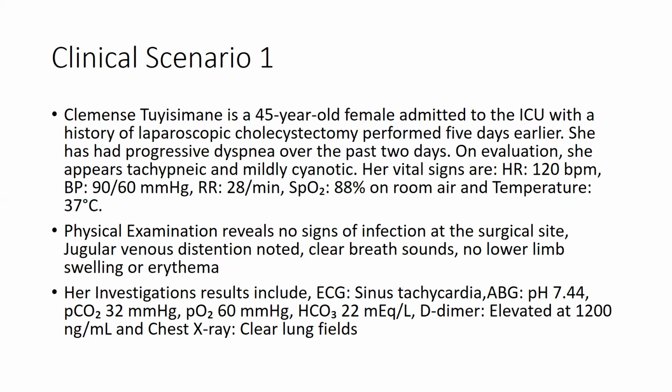Her vital signs: heart rate 120 beats per minute, blood pressure 90/60, respiratory rate 28 cycles per minute, SpO2 88% on room air, and she has no fever, temperature 37. Physical examination reveals no signs of infection at the surgical site. The JVP is elevated, but the lungs are clear, and there is no lower limb swelling or erythema.